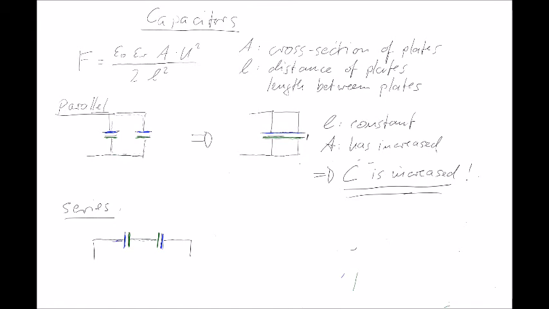If you look at that, it means that A has remained constant, active as the blue and the green. However, now L has increased, because now this distance and this distance both together add up.